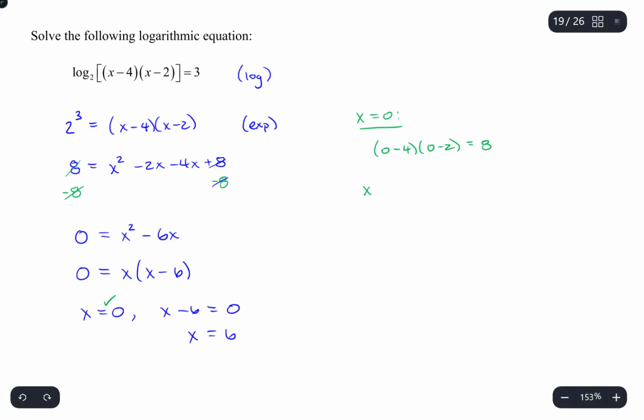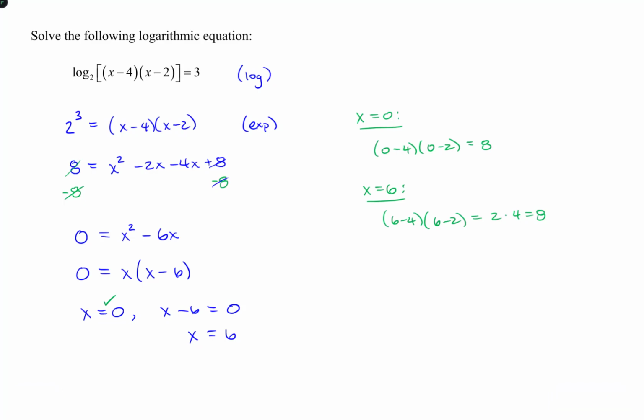And then we can also test with 6. So 6 minus 4 times 6 minus 2 would be the same as 2 times 4, which is also positive 8. But it's positive, and that's really the only thing that matters. So both of these are valid solutions to the original equation.